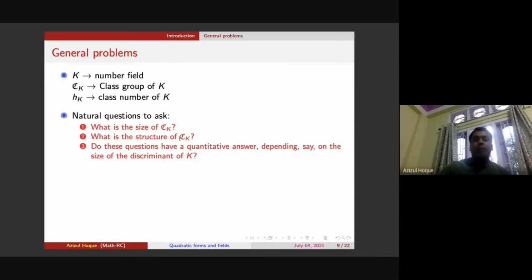How many fields will there be whose class number has a factor n, or which has a copy of Z mod pZ or Z mod nZ? Can we give bounds on that?